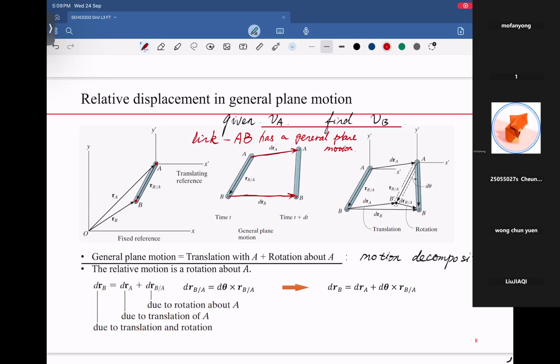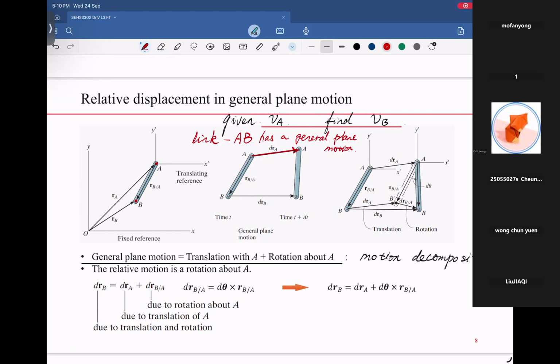Firstly, we can take the green parts. We just focus on A. So A moves on the red path and comes to here, A to the new A, right?